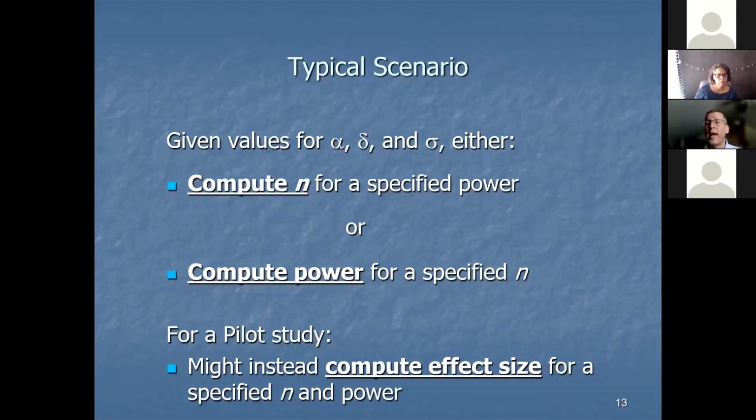What we might do instead is to say for this sample size that we're using for the pilot, in order to get 80% power, we would need to see an effect size of a certain magnitude. Again, not expecting to see that because that's not the function of a pilot. But that's one way to show reviewers that we're aware of the issues of power and sample size, and to say in the event that the effect is this big, we would be powered in the pilot.